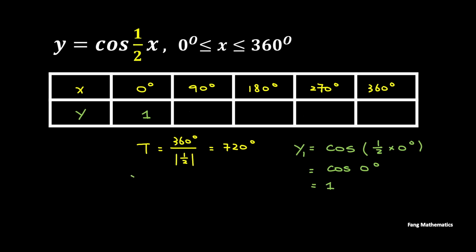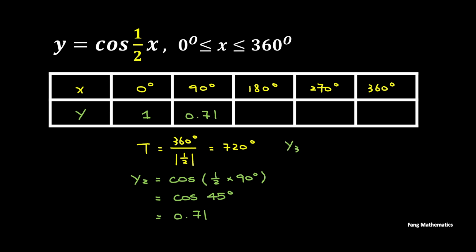And let's look at 90 degrees. So in place of x, you are to put 90. So half times 90 degrees should get you 45 degrees. So cos 45 degrees. And in two decimal places, that should give you 0.71.